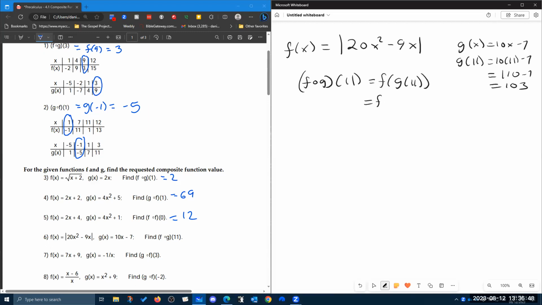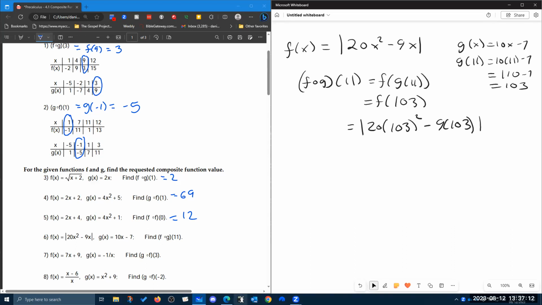So this is f of 103. That's going to be the absolute value of 20 times 103 squared minus 9 times 103. So this is going to be a big number.